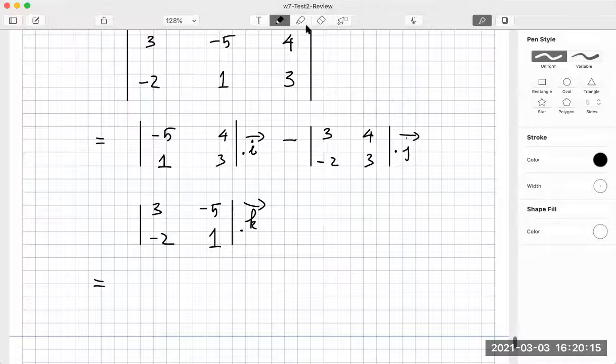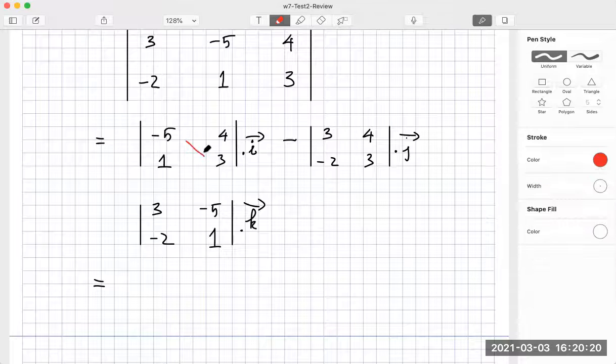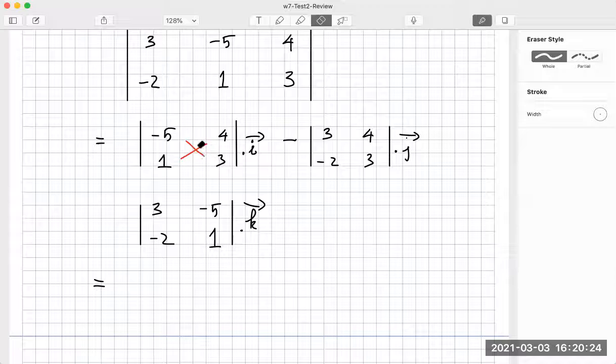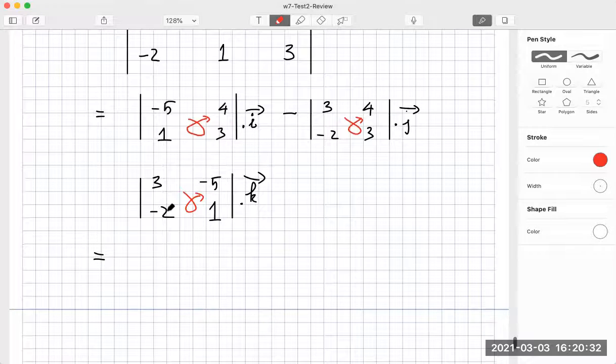Just remember this rule: multiply this here and subtract this one. Then it becomes -5 times 3 minus 1 times 4, times vector i.